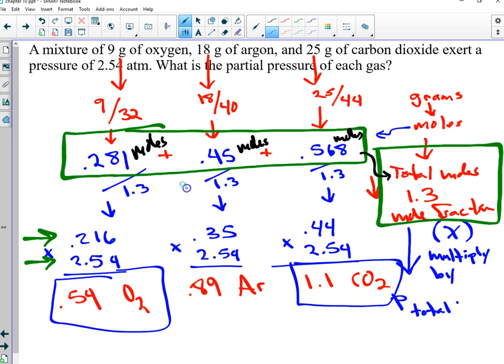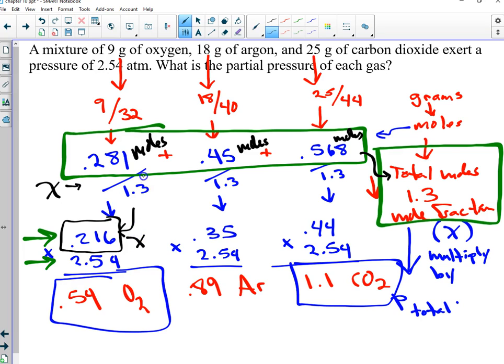The next step was to divide to find the mole ratio, which was X. I did that, 2.81 divided by 1.3, repeated that each time. This value was your mole ratio.